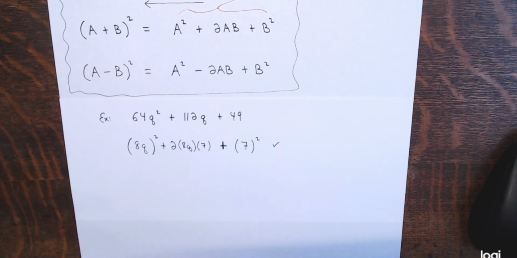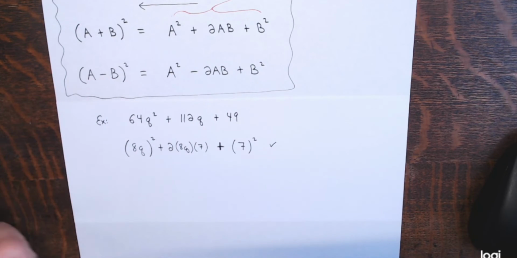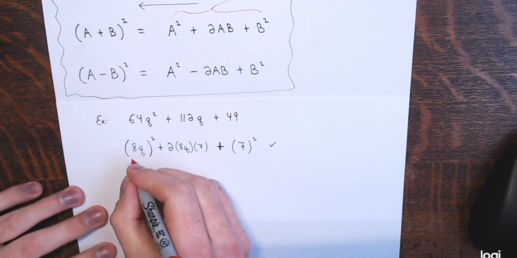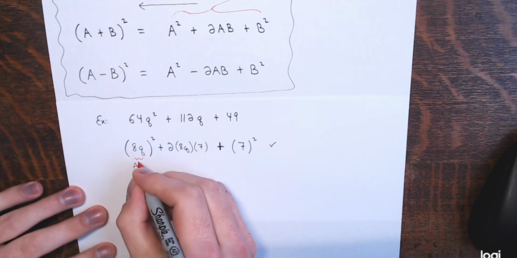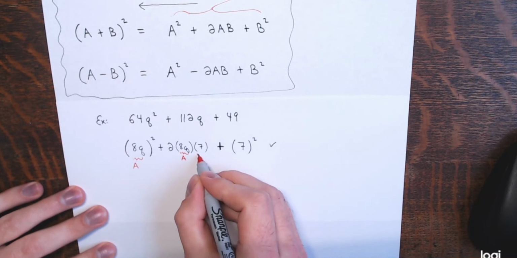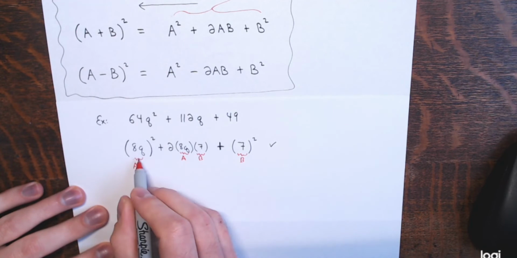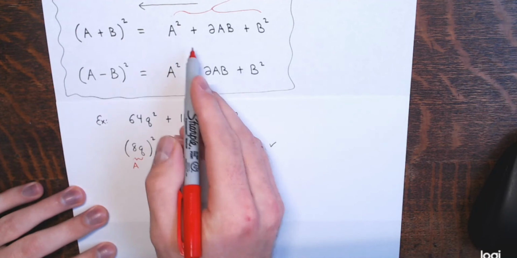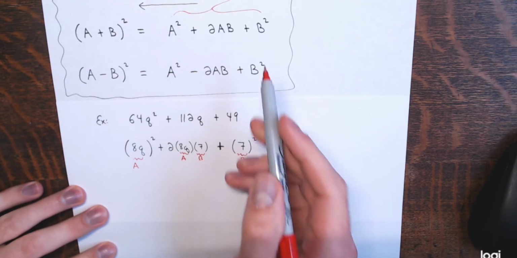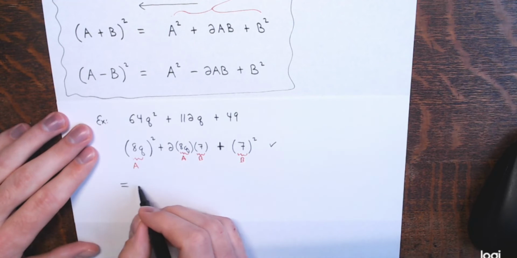It checks out. It has this form where a is the 8q. There's a again, right? And then b is the 7. Right? It's a squared plus 2ab plus b squared, exactly like the right side up here. So this should be able to factor, and it'll factor to the same factor twice.